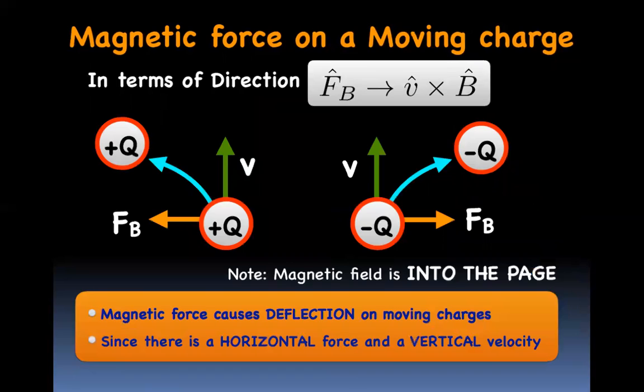Now, if we are to compare the motion of two charges having the same magnitude but different in sign, then clearly we will find that they will move to different directions when they are both exposed to a uniform magnetic field that is into the page. The magnetic force causes deflection on the moving charges.